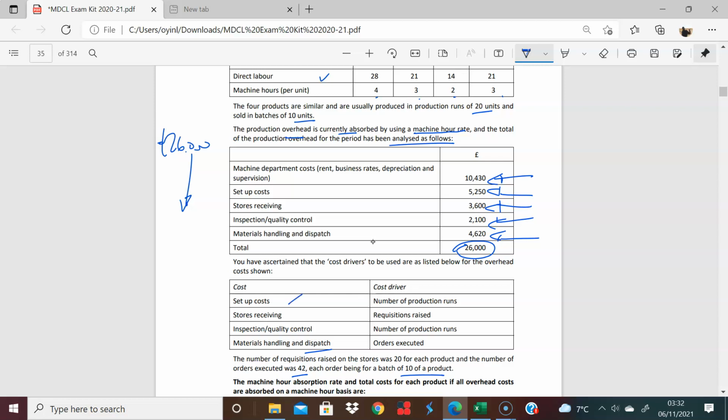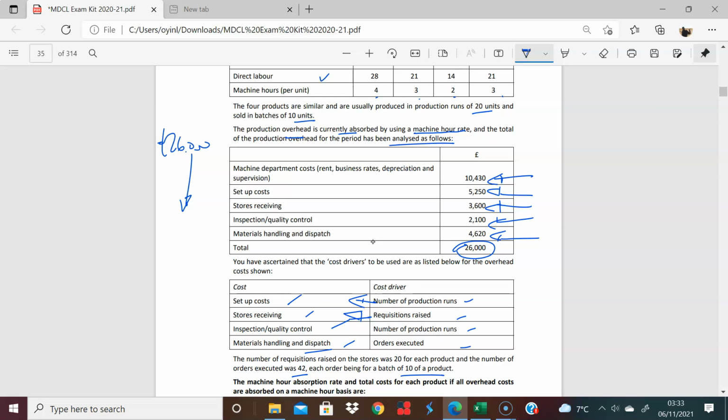And it gives you what's causing what the driver is of these costs. It's telling you that production runs drive setups, requisitions raised drives stores receiving, as you can see that cost there. So if I can find these numbers, well, I can find what the costs are per each of them, right? Because these are actual quantitative drivers.